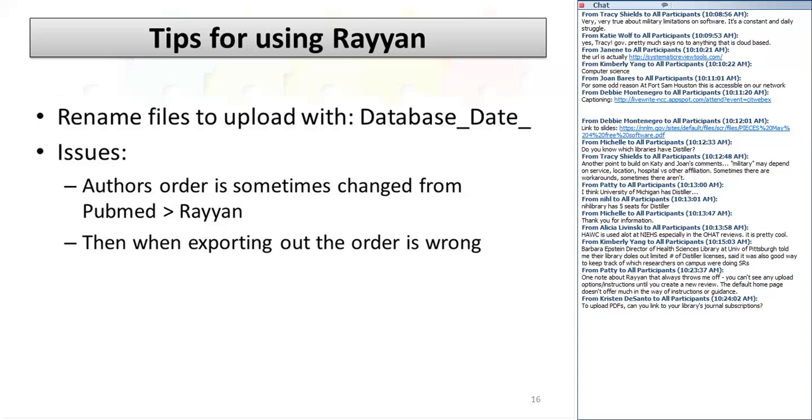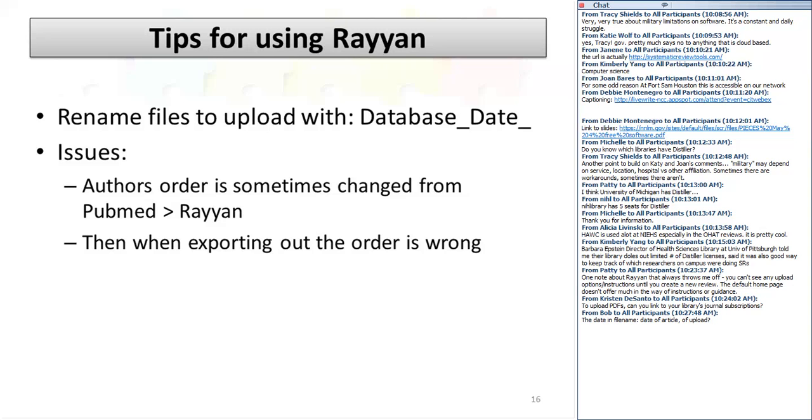So I'm trying to do a little bit of testing on that and see exactly what's going on, because it's not happening with all databases and it's not happening all the time. If anybody knows anything about that, I would love to know a workaround. What we've been doing is, once we've picked our included, scrolling through to check that the first author name is right, and if it's not, fixing it from there. It hasn't been a huge problem, but it's definitely something to look at.